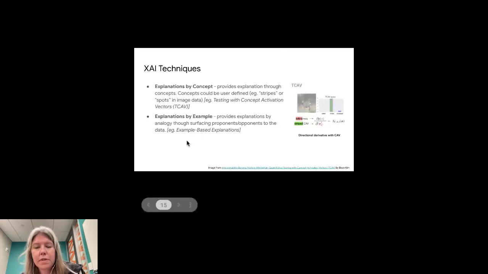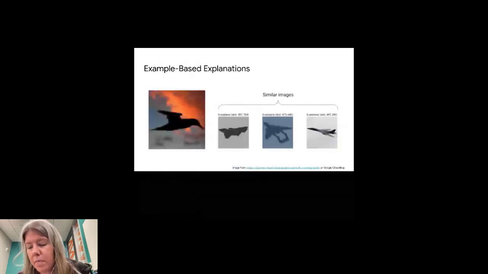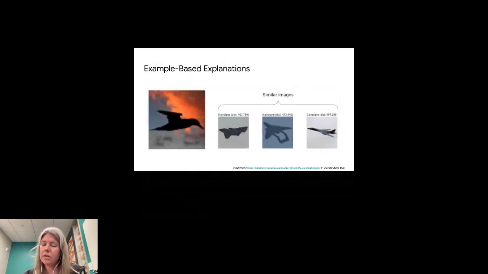And then another type of technique is explanations by example. On Vertex, we've just released to public preview, so sort of public, but not fully all the way, we're still making improvements to it, a new service called example-based explanations. What that does is it can provide approximate nearest neighbors for a piece of data you give it.